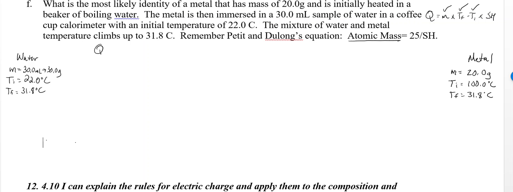So Q is equal to mass times final temperature minus initial temperature times specific heat. Do we know the mass of the water? Do we know the initial temperature of the water? Do we know the final temperature of the water? Do we know specific heat of water? So we have everything we need to find the amount of energy that the water absorbed.